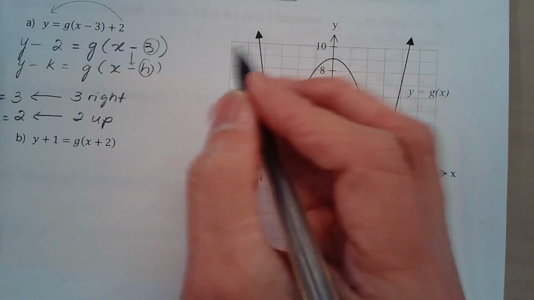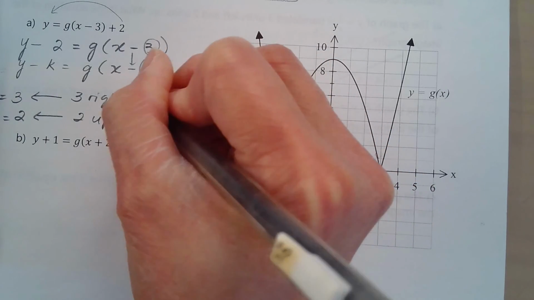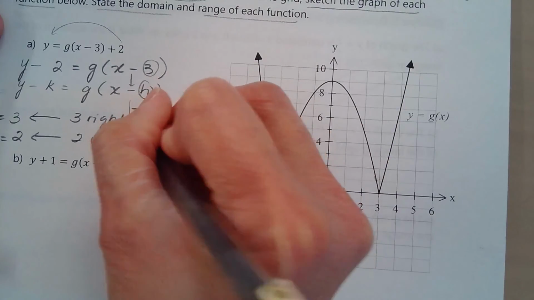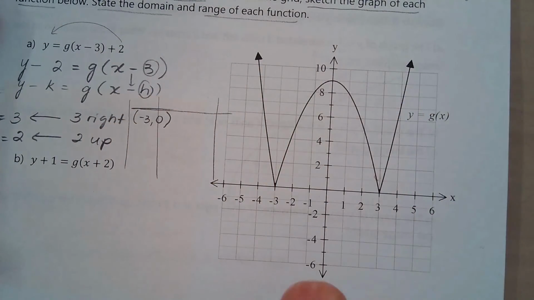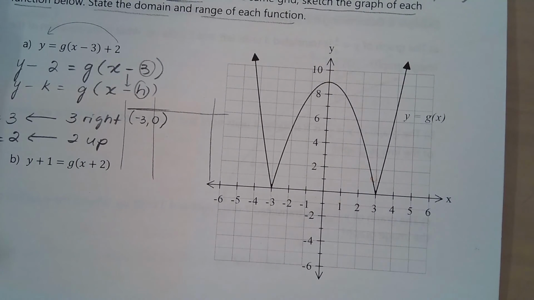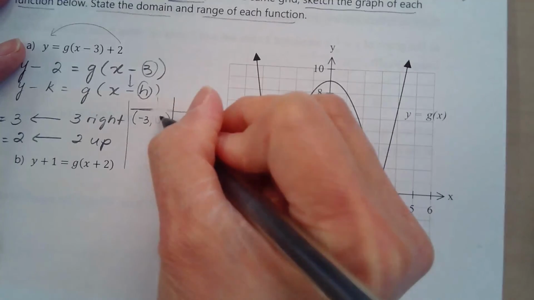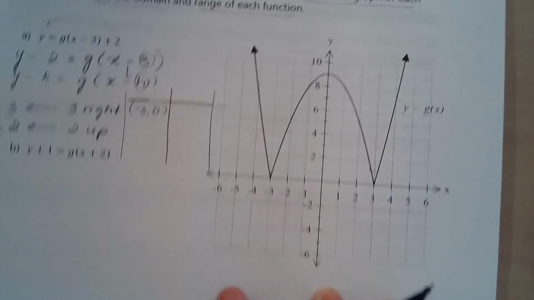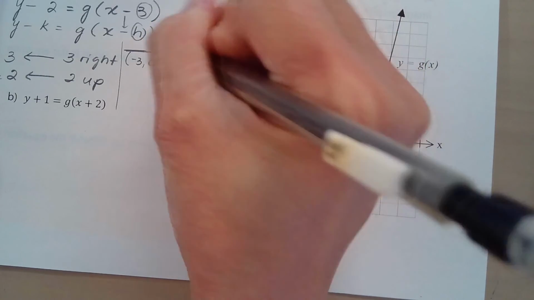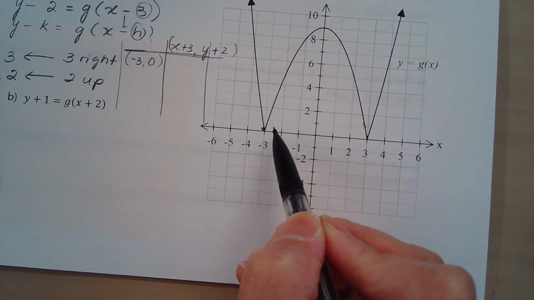Did you pick a point? So this negative 3, 0. Okay, thank you. So it's x plus 3, y plus 2. So that's 1 point right there. Any other really nice point?